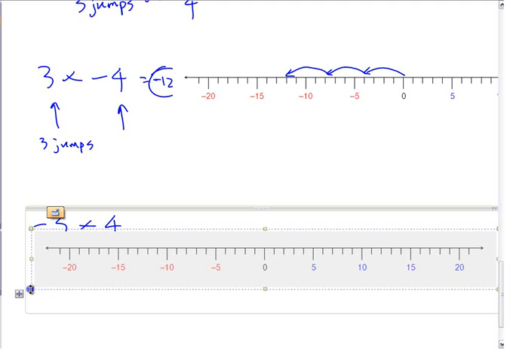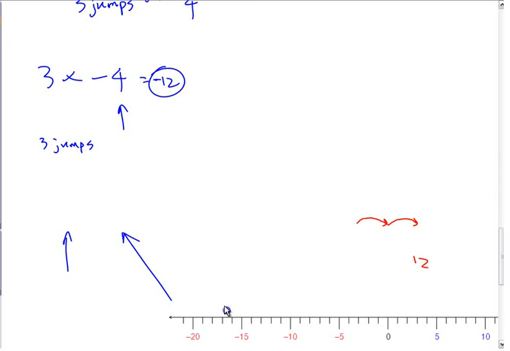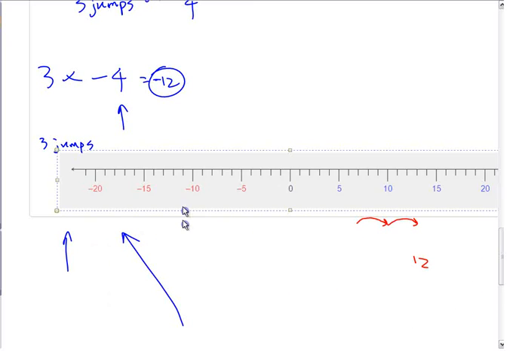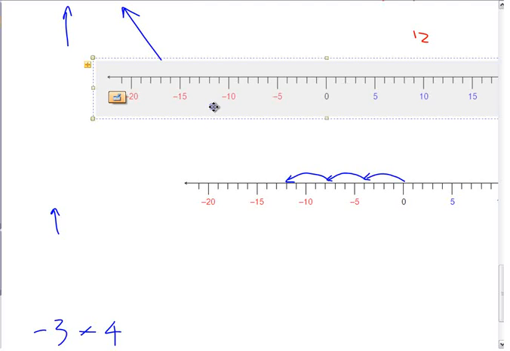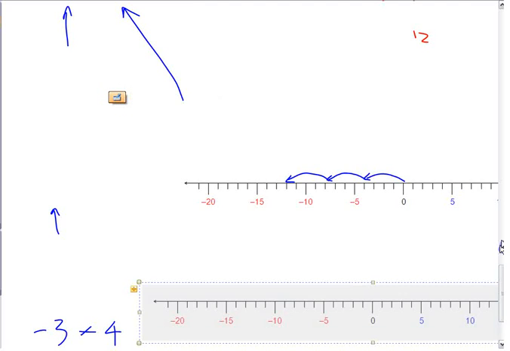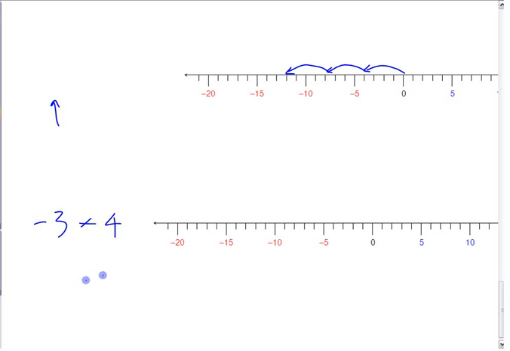Why is this so messed up here? Okay, we gotta get organized here. Guys, this is the tough one. What does that mean? Going forwards 3 jumps of negative 4 or what?